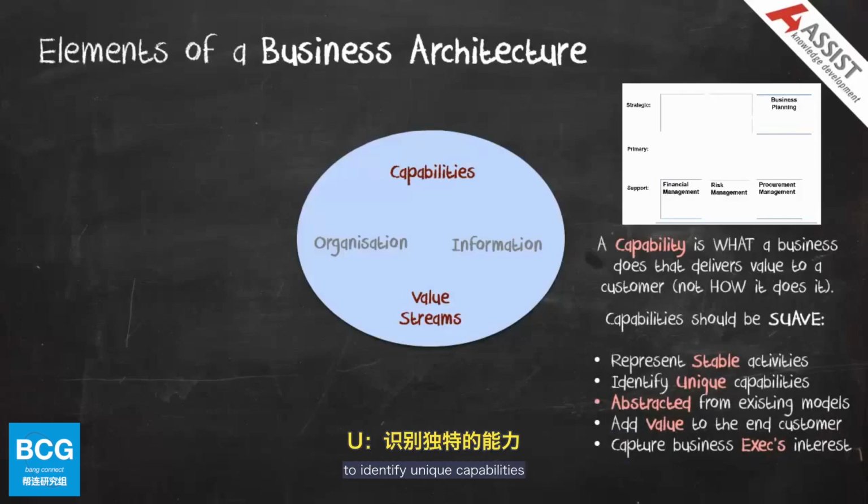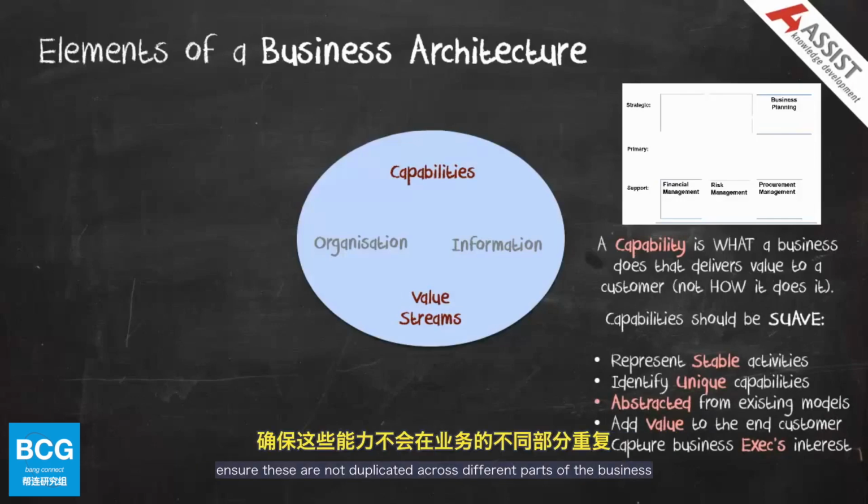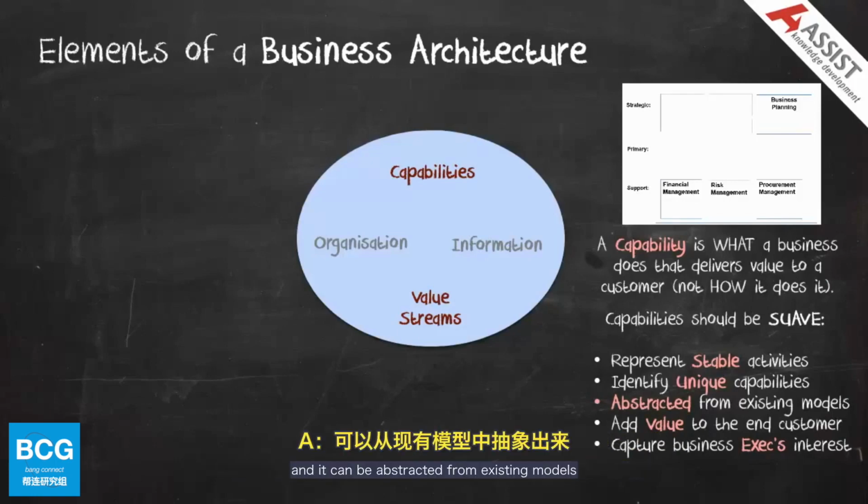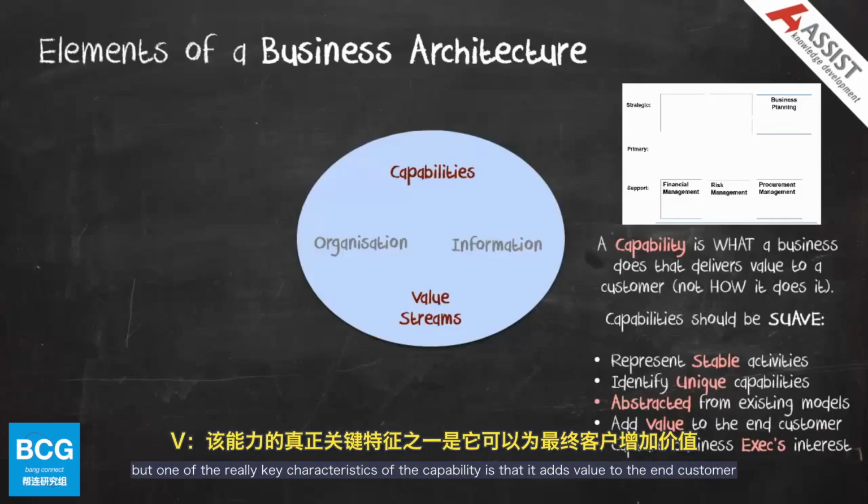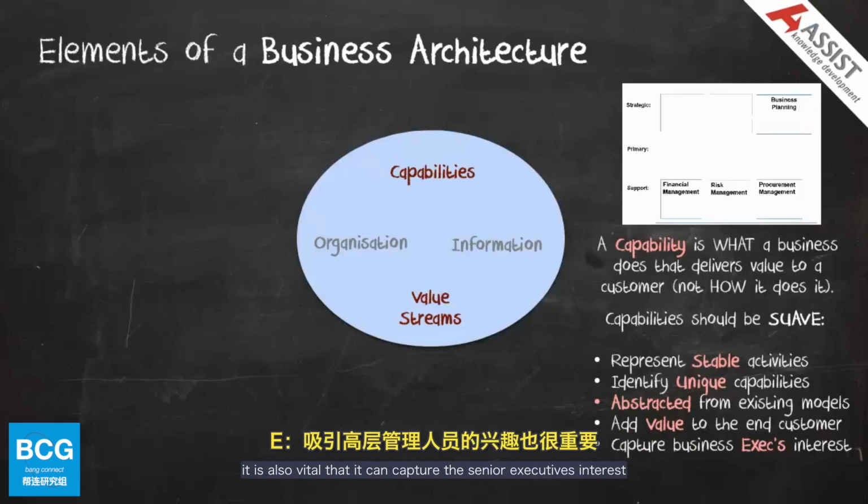To identify unique capabilities, ensure these are not duplicated across different parts of the business. And it can be abstracted from existing models. But one of the really key characteristics of a capability is that it adds value to the end customer. It is also vital that it can capture the senior executive's interest, and this also is one of the key aspects of business architecture.